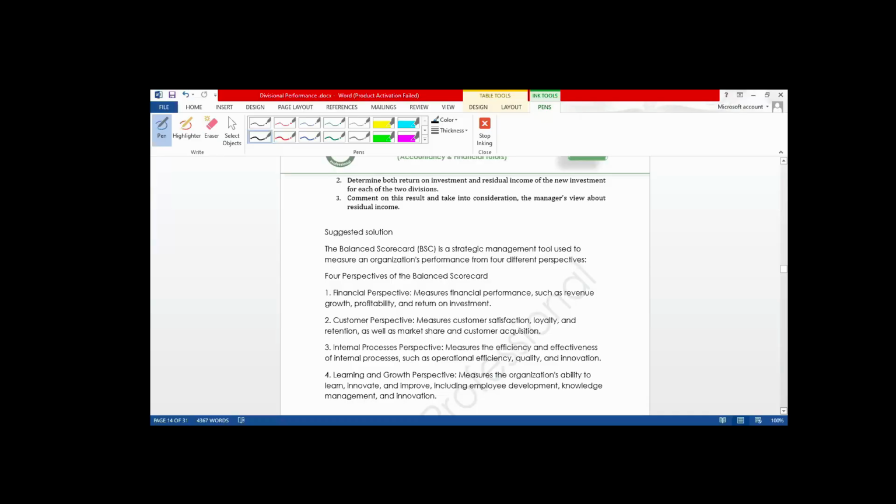This measures the organization's ability to learn, to innovate, and improve. A company must be creative. A business organization must be innovative. You must be able to learn new things, improve your processes.